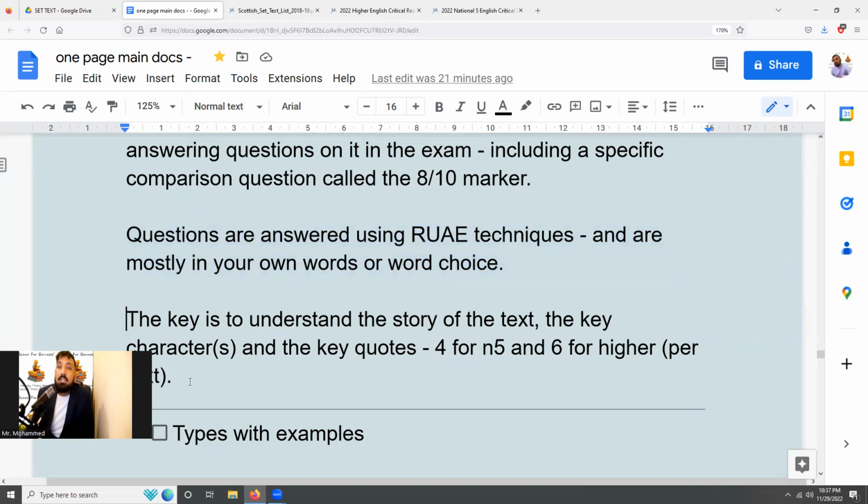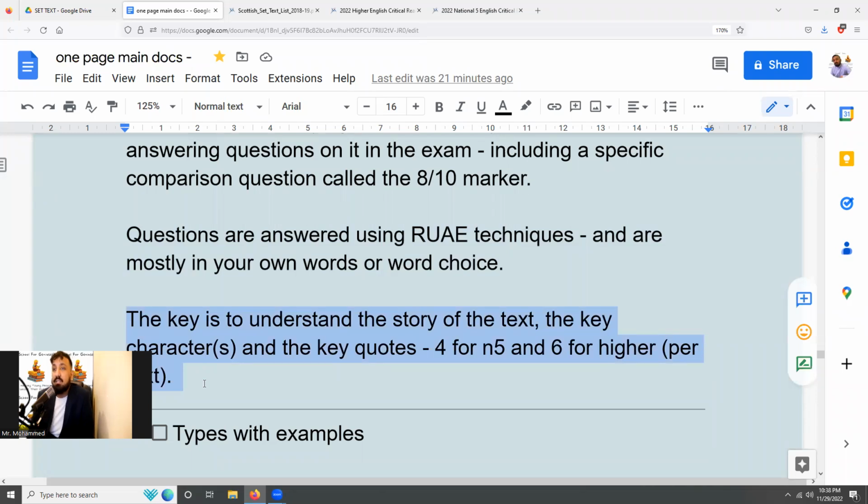Now, in addition to being good at Scottish text via your RUAE skills, the main thing you need to do when preparing for your Scottish text exam is understand a few things about the text or texts you're studying. One is you need to understand the story of the text, i.e. what happens in the text, at least at a basic level.